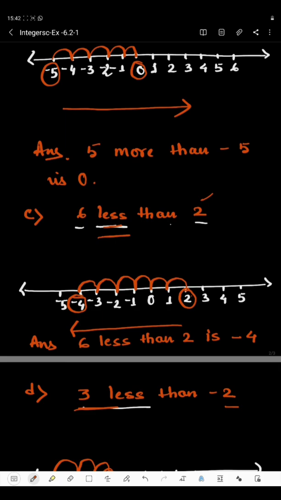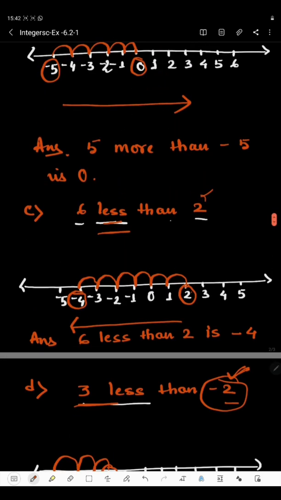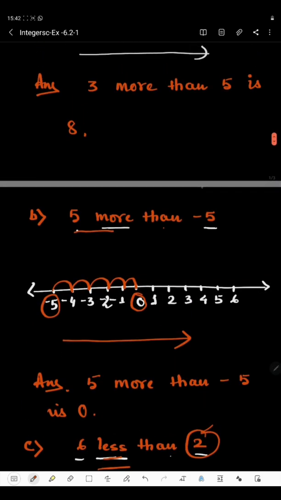More means moving to the right and less means moving to the left. But from which number you should start moving, that you have to see. From this number 3 less, from this number 6 less, from this number 5 more. So we start from here, not from here.